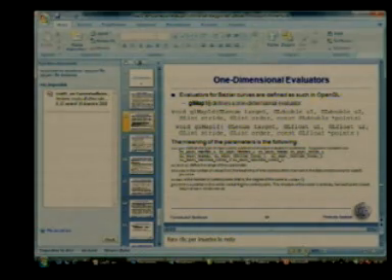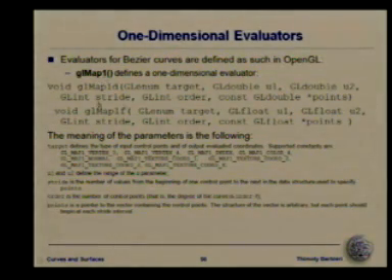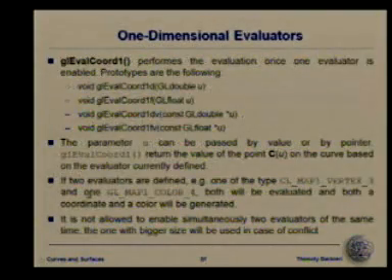So this is Bezier. We have seen it. Use map. In map, you just have to know the order, the stride, which is the number of values that I have to jump in my array, and the coordinates of the control points, the matrix of the control points.